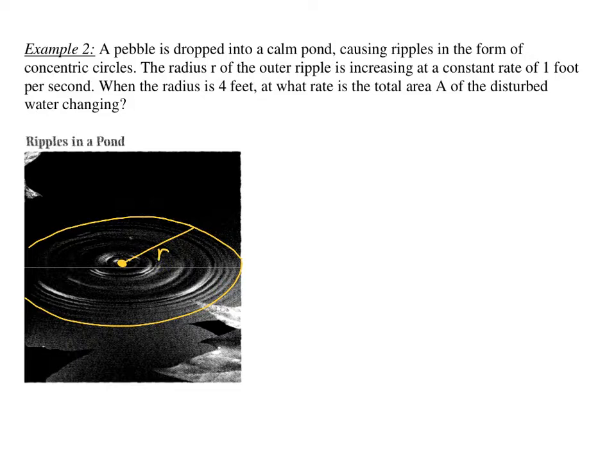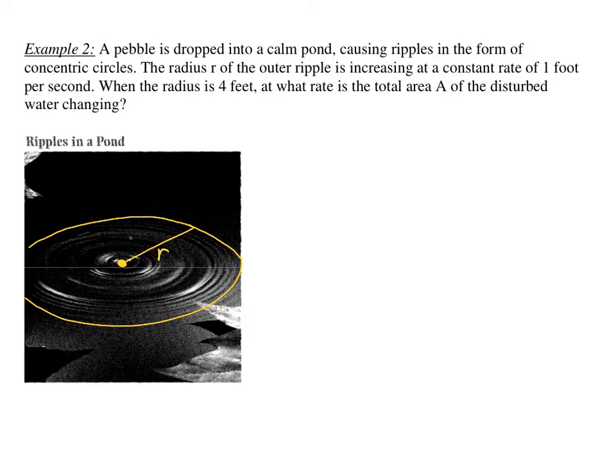We could then expand that to any of those other applications: the rate of change in how many people are infected, or how fast the shock wave of the bomb is growing, or, from when the suspect started to run away, how big of a circle and how much more area it is the more we delay. Any of those things we could use this same concept to work with, okay? But we'll just deal with a nice calm pond for our example.